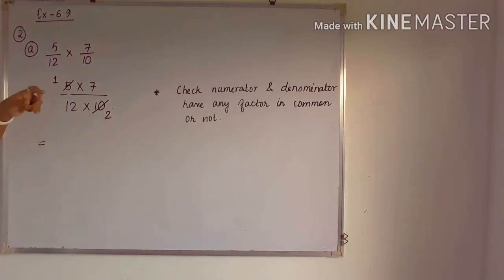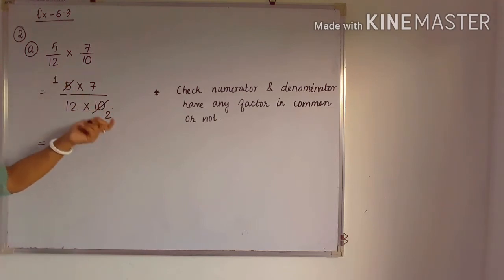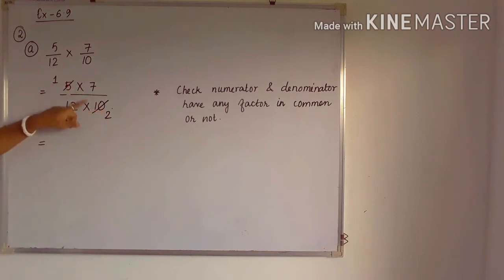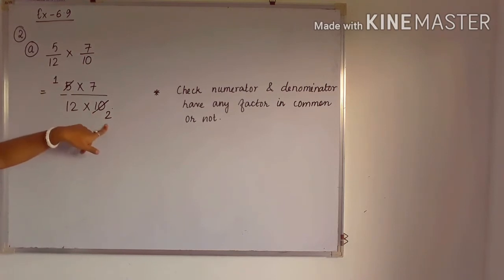So what we are doing: first of all we check the numerator and denominator. If they have any factor in common, then we can use the shortcut. The meaning of shortcut is cancellation. Using the multiplication table of 5 we are cancelling, or you can say reducing, 5 and 10. So 5 is reduced to 1 and 10 is reduced to 2.